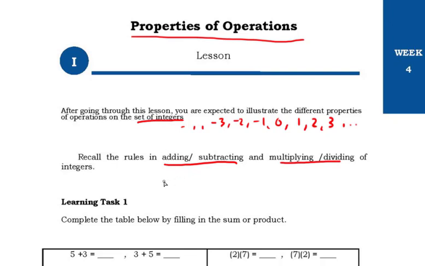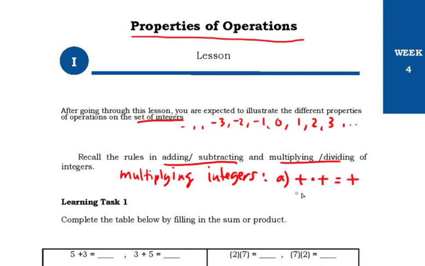When you multiply two positive, so in multiplication, multiplying integers, so if you multiply two positive, so positive times another positive, the product is positive.